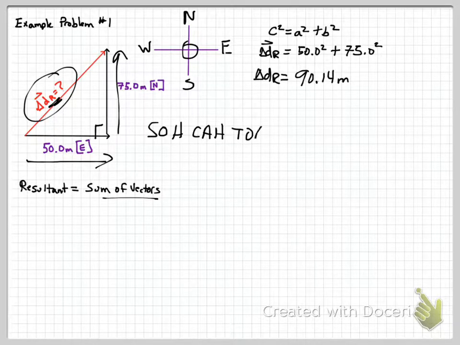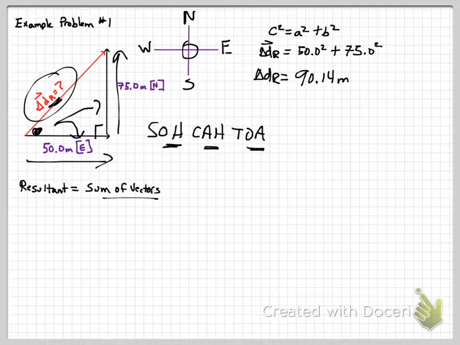Now remember, SOHCAHTOA: opposite over hypotenuse, adjacent over hypotenuse, opposite over adjacent. So to figure out the angle, I'm going to use tan. Now tan is opposite over adjacent, because I'm going to use this as my reference point because that is my starting point.